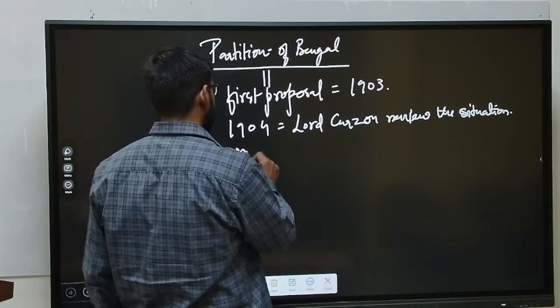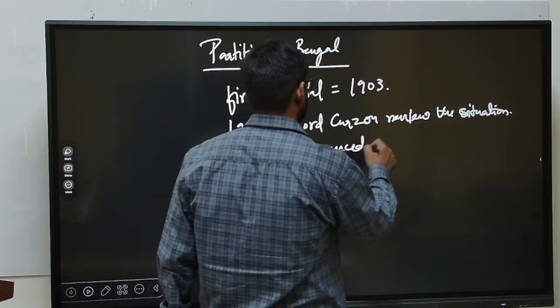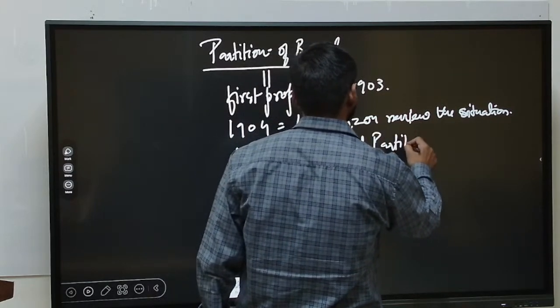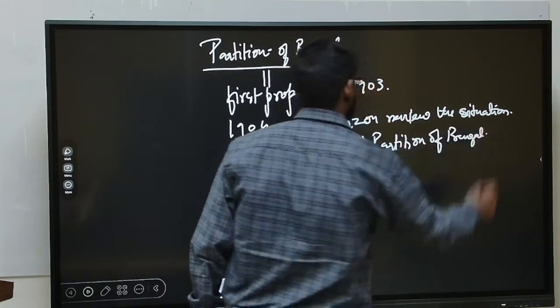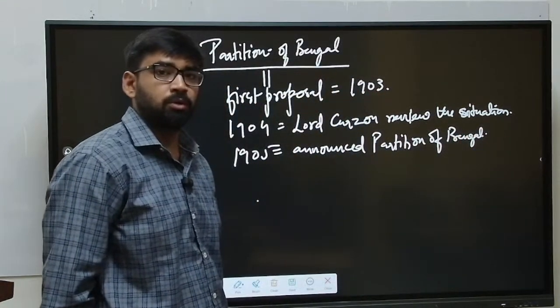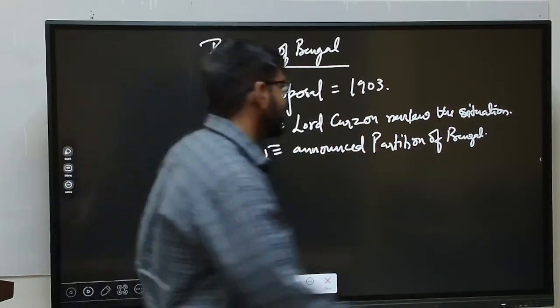And in 1905 Lord Curzon announced the partition of Bengal. So this partition was done on communal lines, on religious lines.